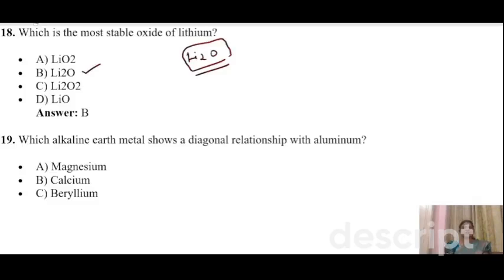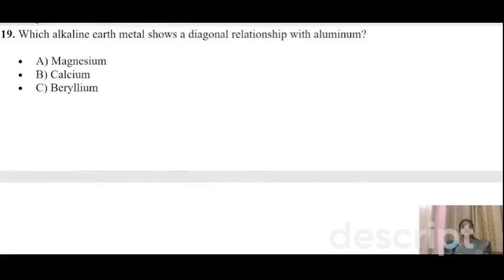Next question: which alkaline earth metal shows a diagonal relationship with aluminum? There are two diagonal relationships usually studied in the s-block elements: lithium with magnesium and beryllium with aluminum. The diagonal relationship is the closer resemblance in properties of a particular pair of elements compared to the resemblance with elements of the same group.